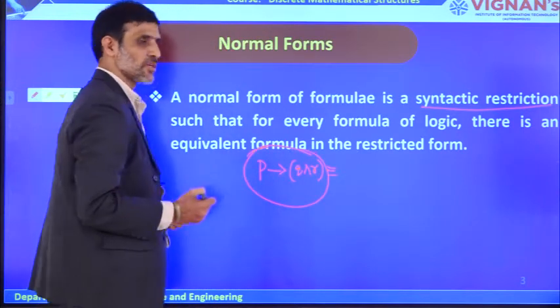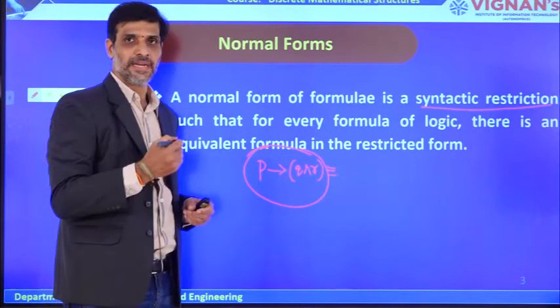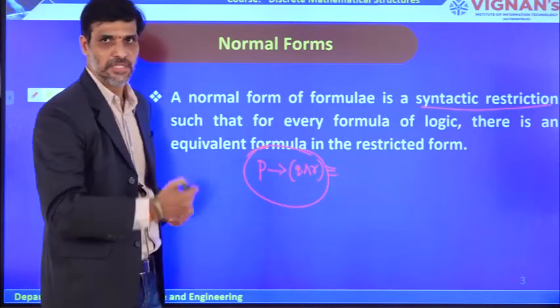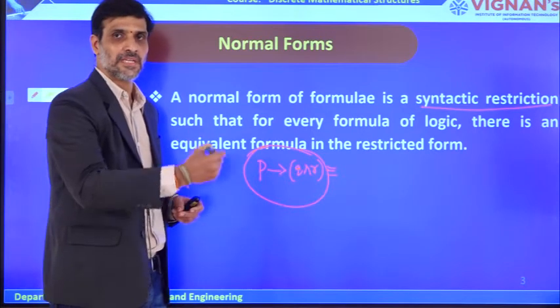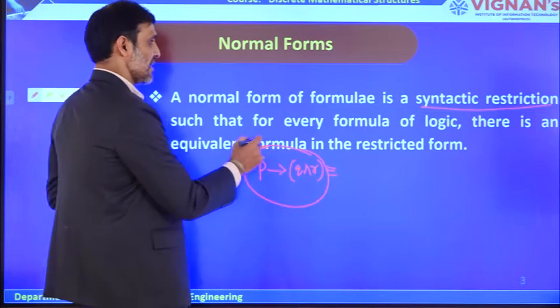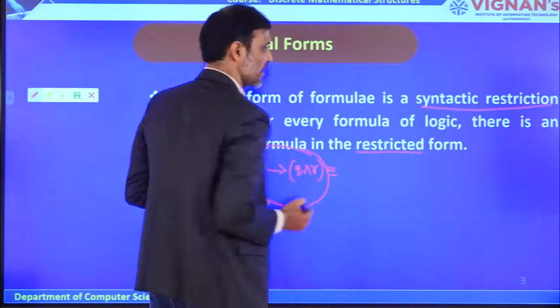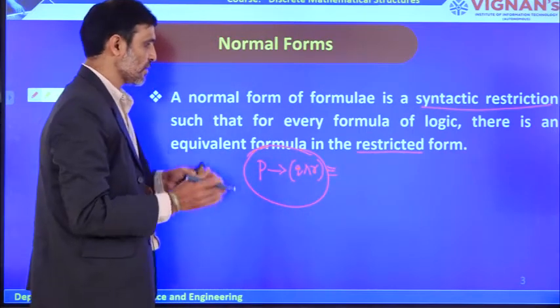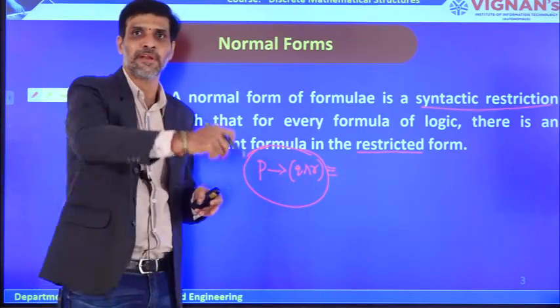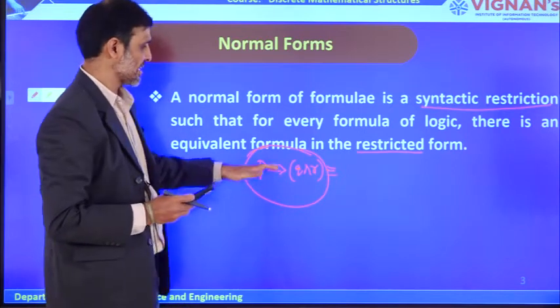That form is called what? Normal form. How do we write that? We can use some procedures to convert the entire compound sentence into an equivalent formula in the restricted form. Restricted form means we try to convert this into a simpler form.